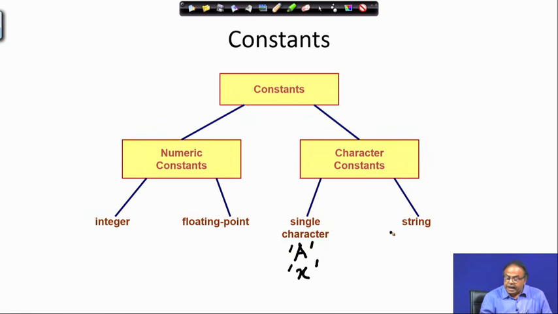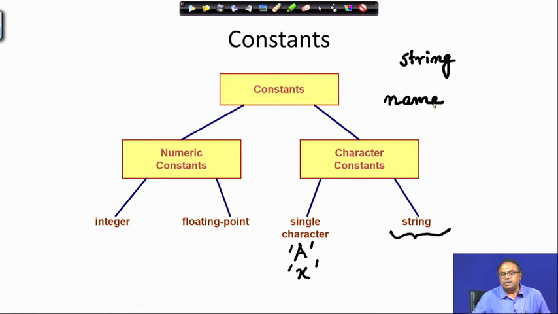And there is another type of character constant, which is a string. It is not a single character, but a string of characters. For example, I want to write down the name of a person.